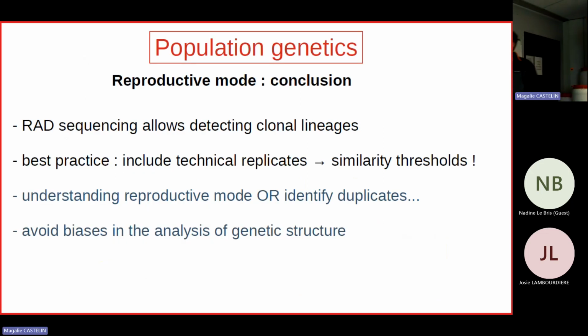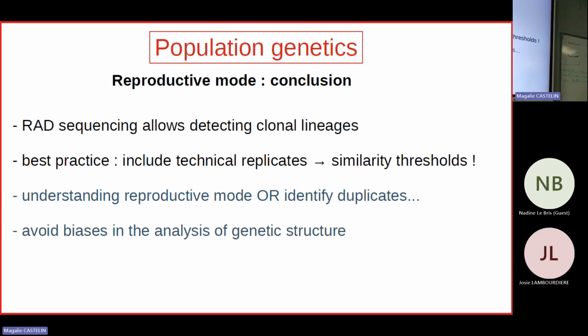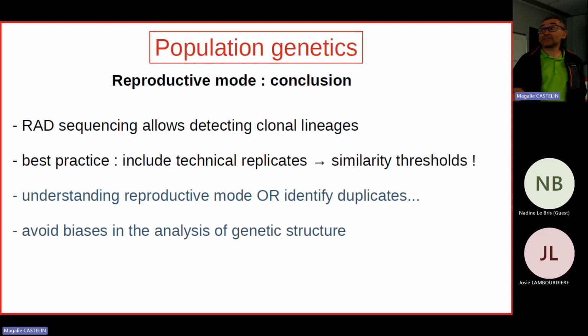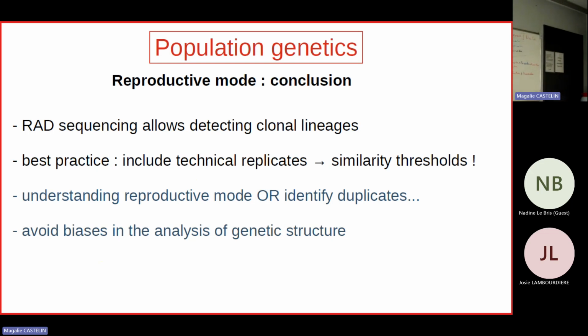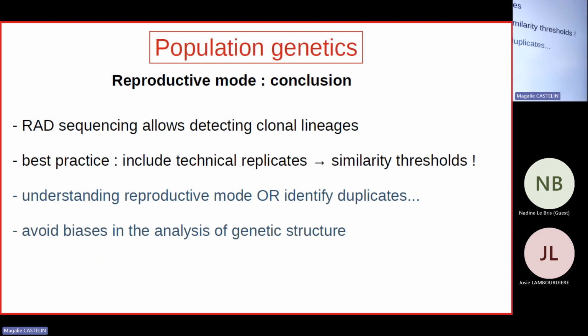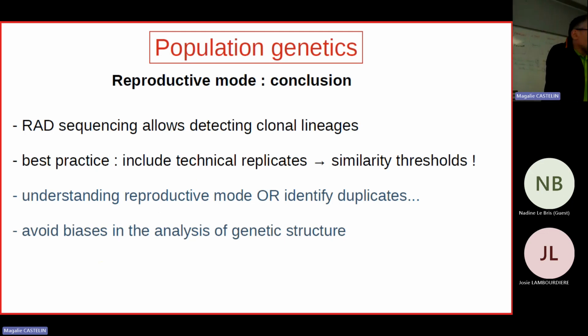Just to conclude about that, RAD sequencing is interesting to detect clonal lineages. That said, if you are just interested in clonality, and if you already have microsatellites, you can do very good work with microsatellites for clonality. Another thing is that if you want to study clonality with RAD sequencing, and I think in any case if you use RAD sequencing, it is important to include technical replicates.